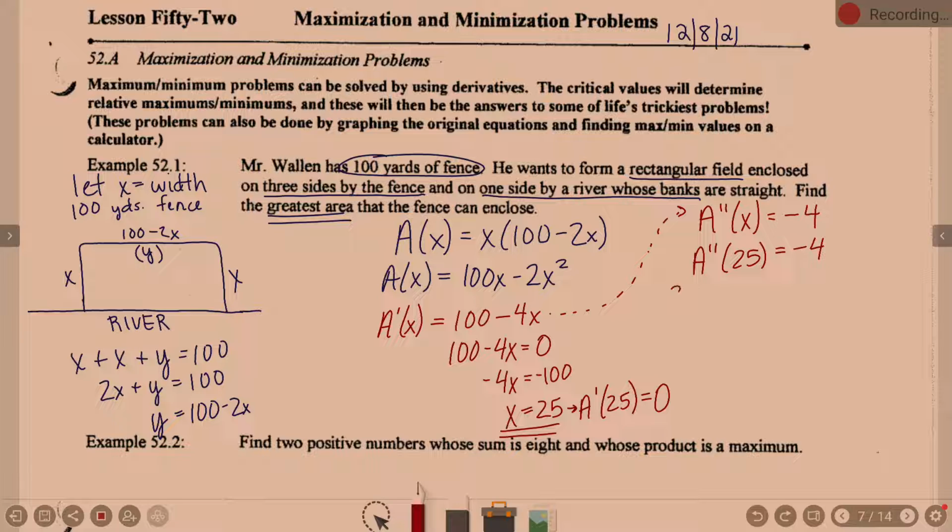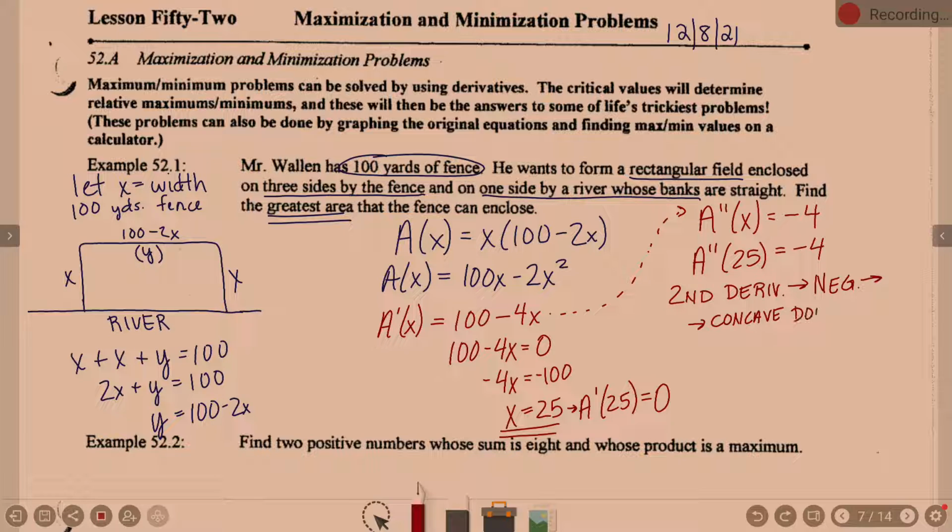And so the point that I was trying to get to is that my second derivative is negative. And a negative second derivative means concave down.